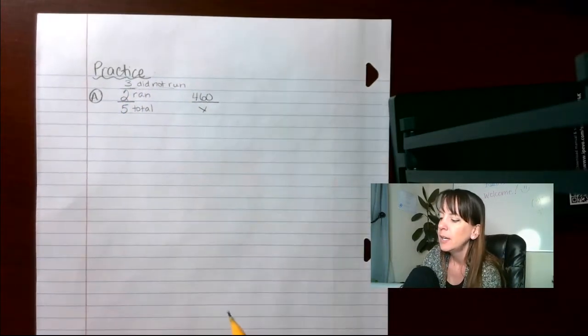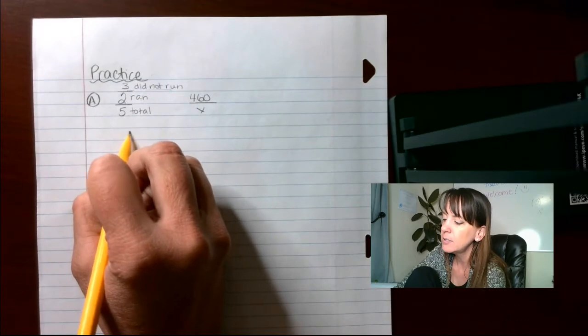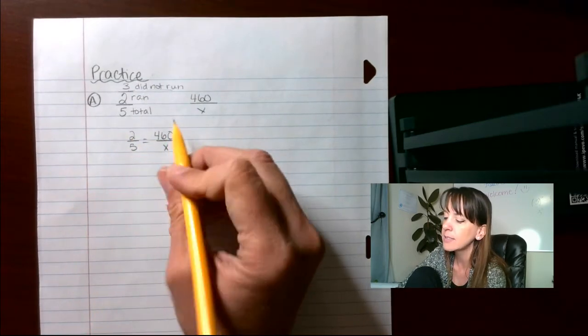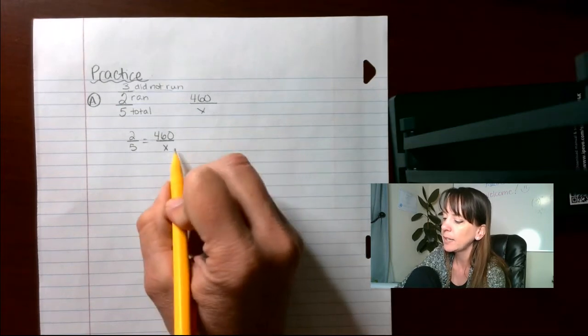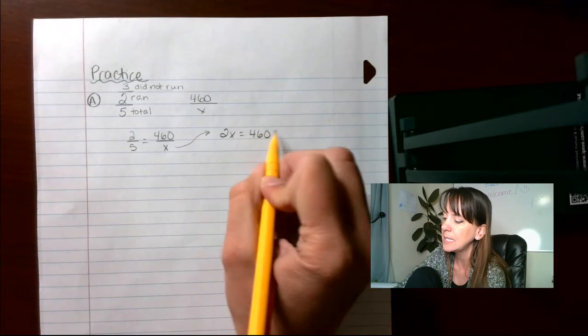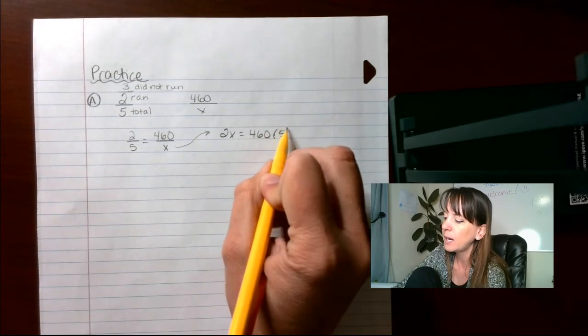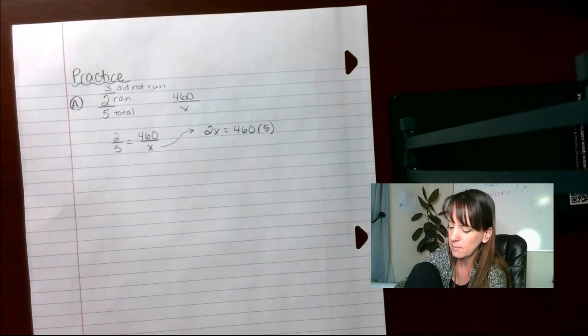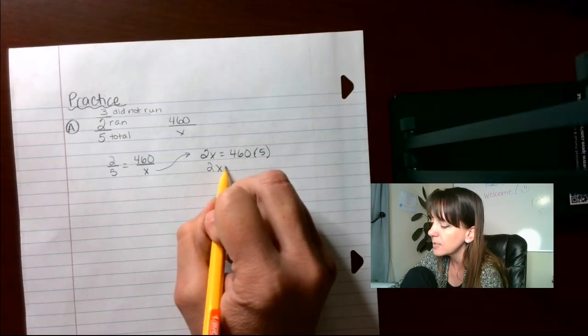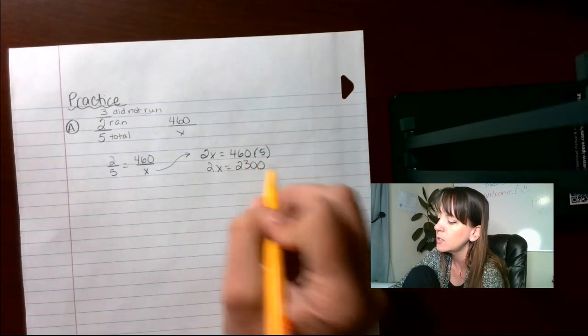Okay, so what we have is 2 over 5 equals 460 over x. We are going to cross multiply. We're going to get 2x equals 460 times 5. So we get 2x equals 2,300.